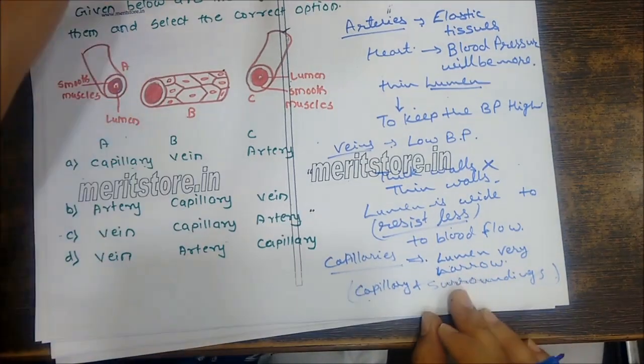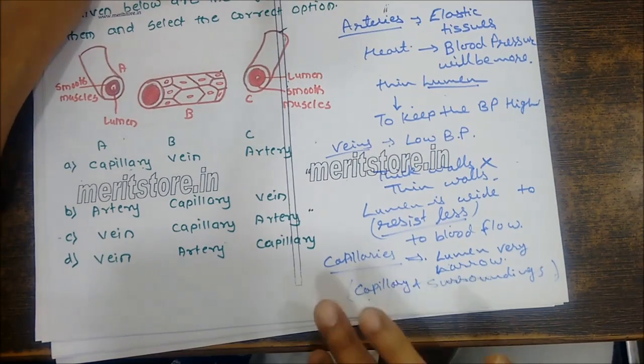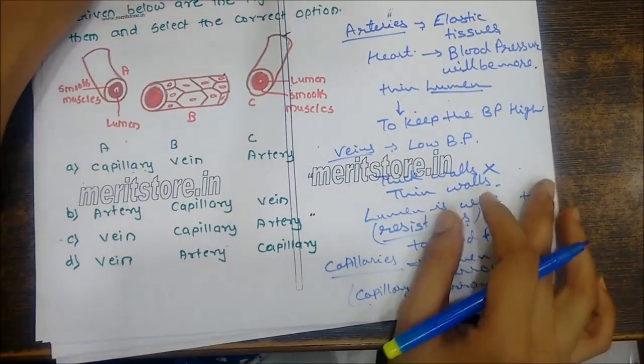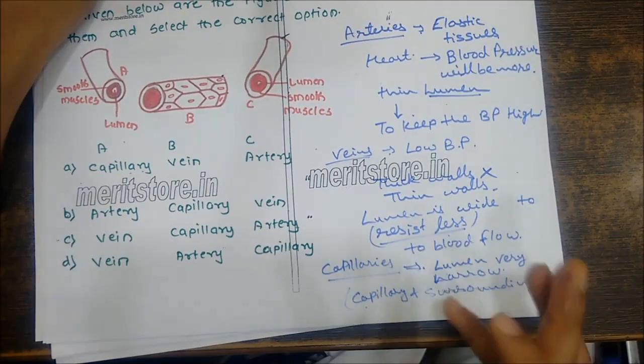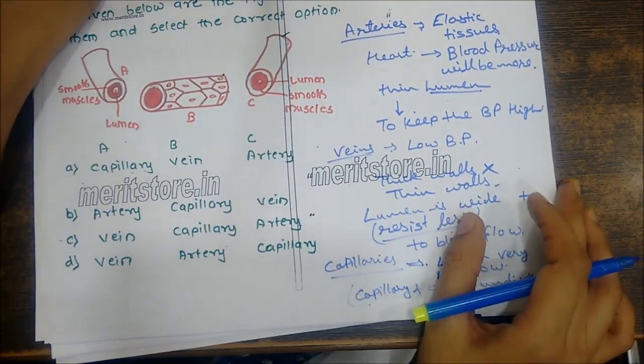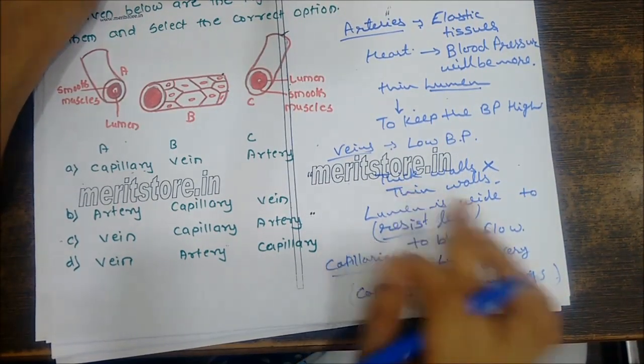So it can distribute the nutrients and blood between the capillary and surroundings, and the lumen is so narrow that it can pass only RBCs, and they can come back to the original shape.